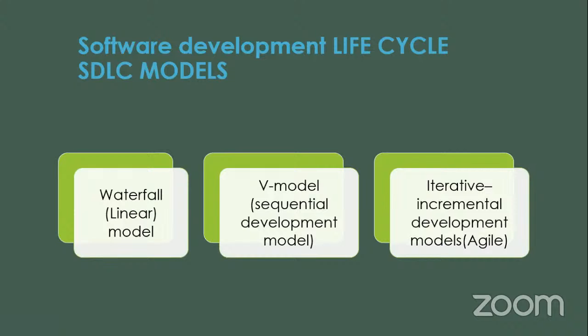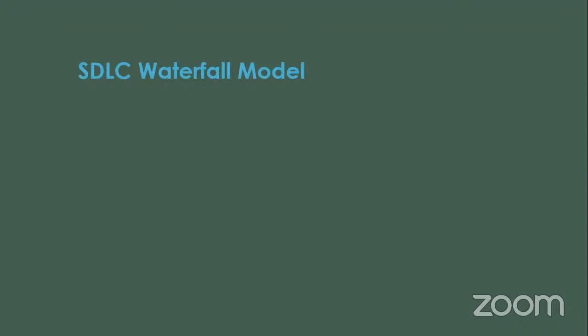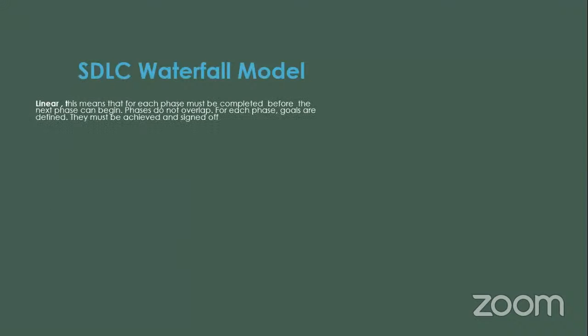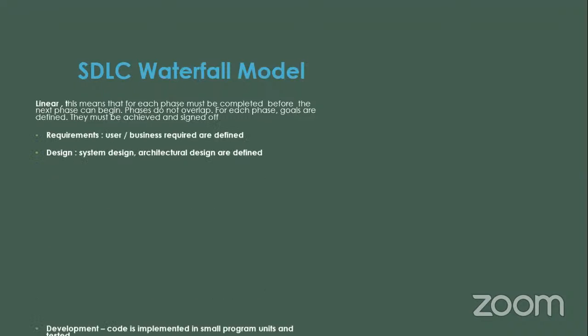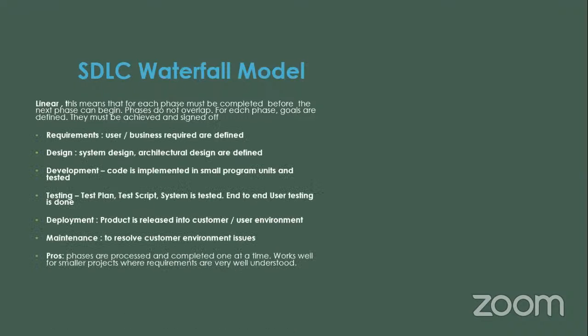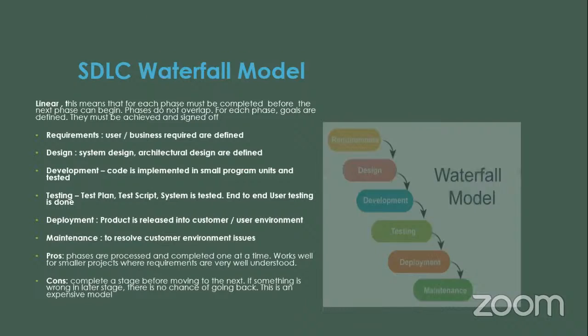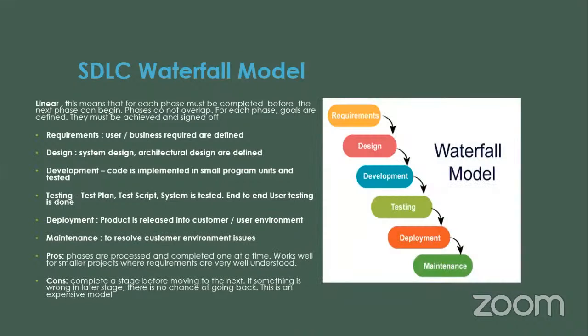So I'll take the first one, which is the Waterfall model. In this model, this picture looks like this. It's called Waterfall because it's just like water falling down. That's the reason, hence the name of this model.